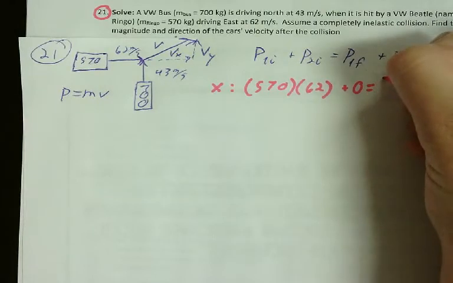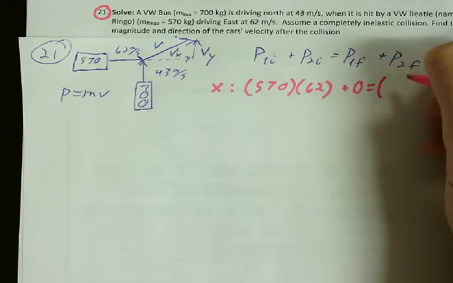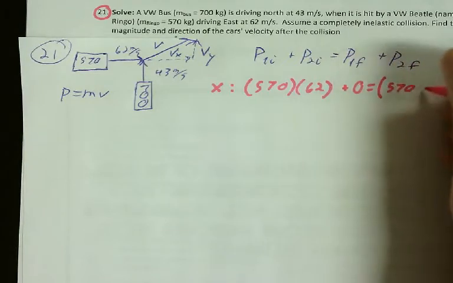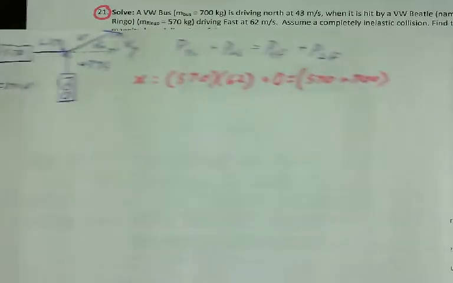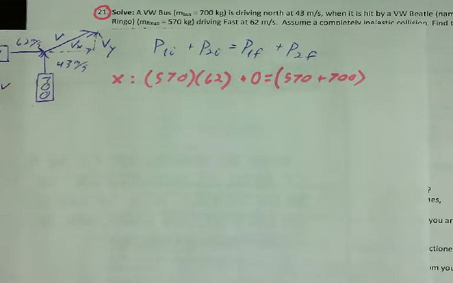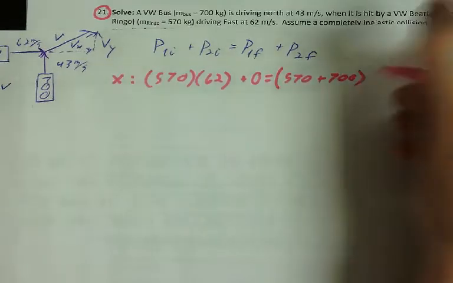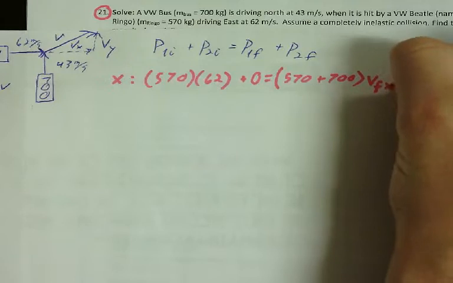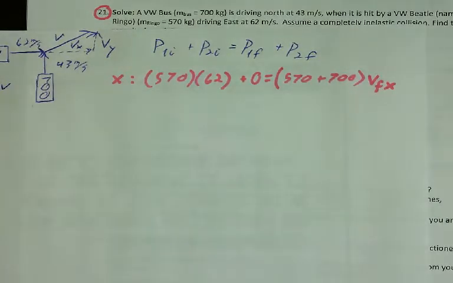So the mass is not 570, it's not 700. The mass is 570 plus 700. And then that's times v final in the x direction. That's how the setup works.